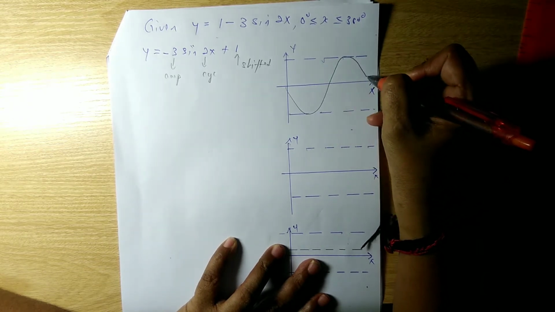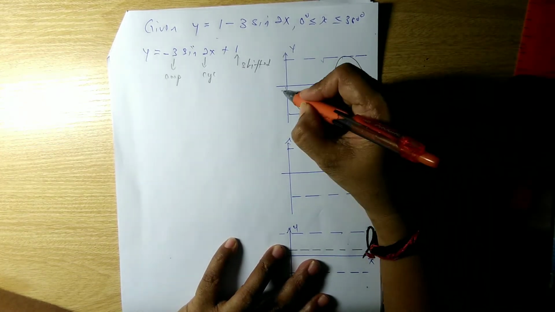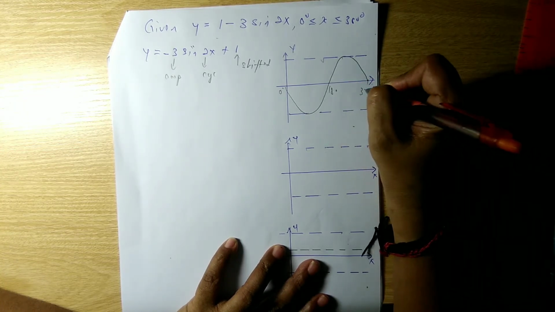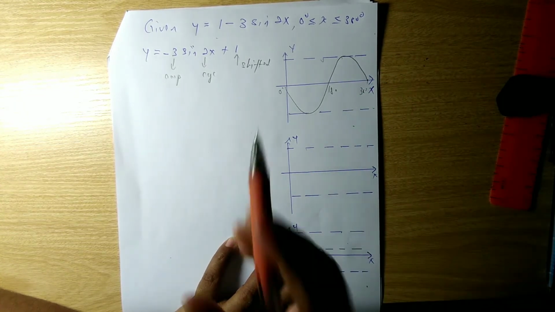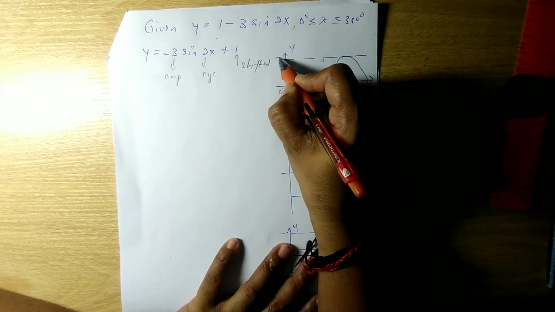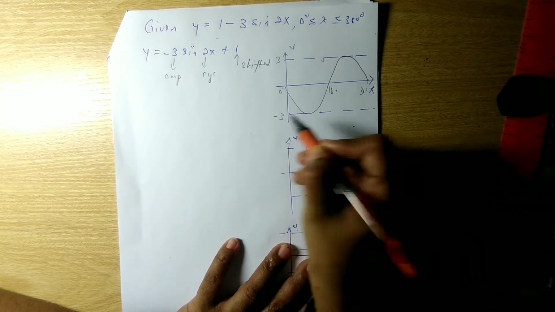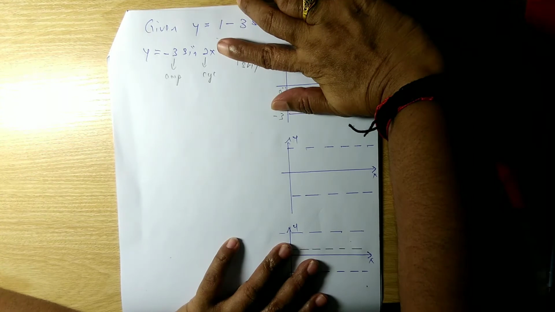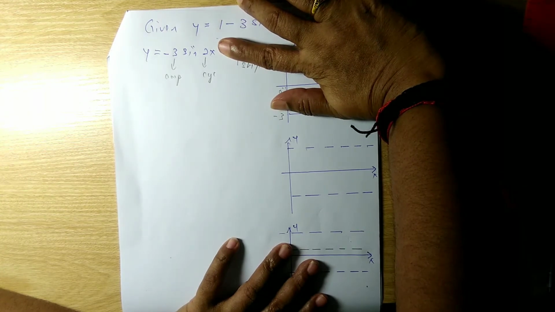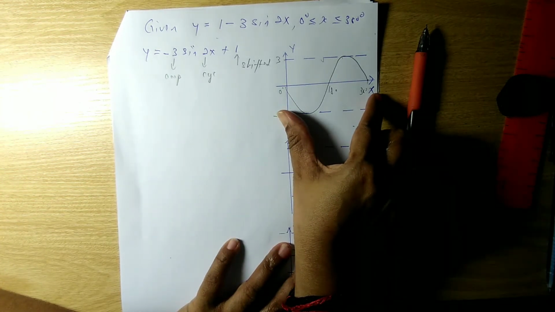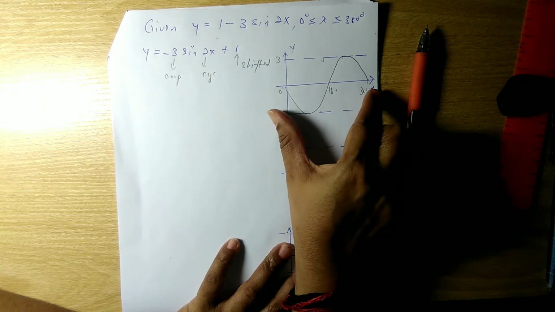So 0, 180, this is 360. Because the amplitude is 3, negative 3, this is how this part of the graph will look. But our cycle is 2, so in this domain of 0 to 360 we actually have 2 cycles.